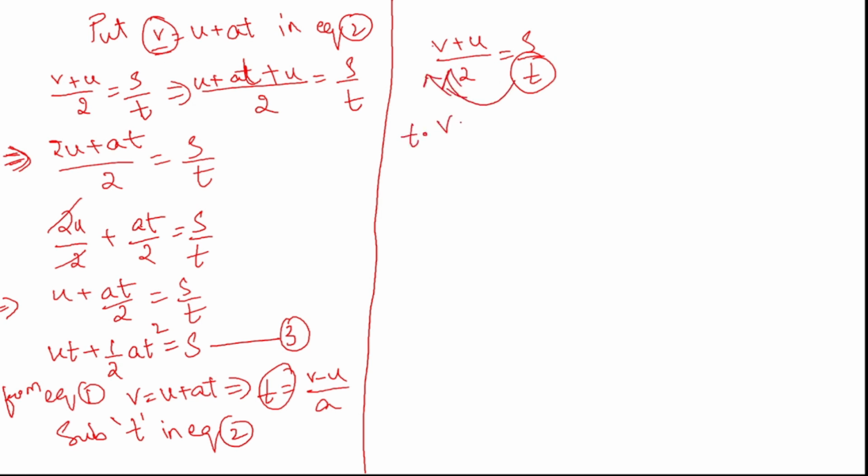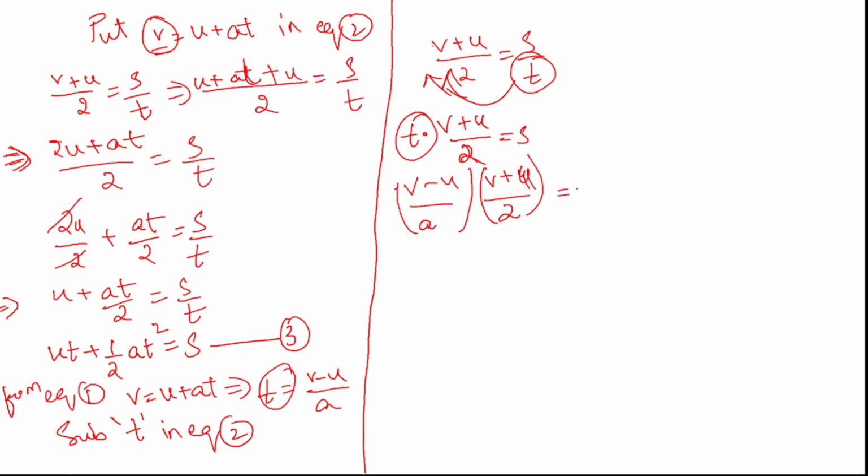So t into (v plus u) by 2. So let us substitute the value of t here. (v minus u) by a into (v plus u) by 2 equal to s. Right. So what will you get? (v square minus u square) by 2a equal to s. So let us take this 2a to the other side. v square minus u square equal to 2as. So let this be the fourth equation.